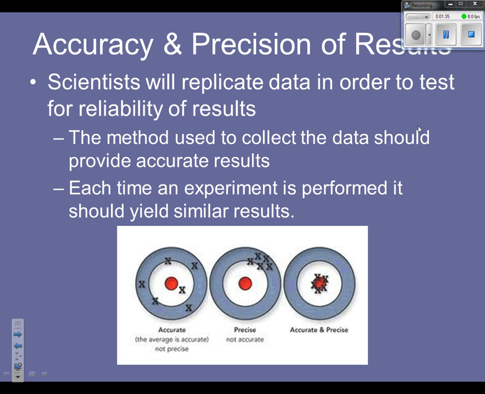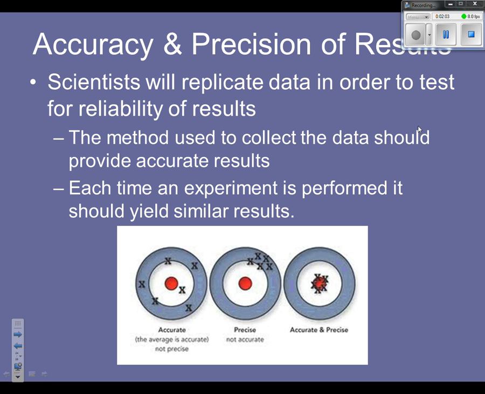Another part of experimental design is how we interpret our results, or how we gather our results. You need to have a replication of data to really have reliable results. So the method of collecting data should be accurate. What do we mean by accurate?